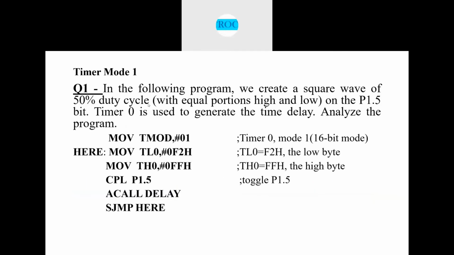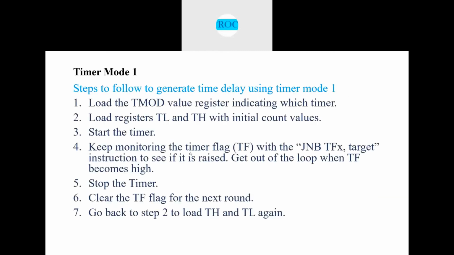In the following program we create a square wave of 50% duty cycle. Timer 0 is used to generate the time delay. Analyze the program. Everyone understood this program? If you see how the program is written, it has followed these steps. First, load the TMOD register with the mode bits.